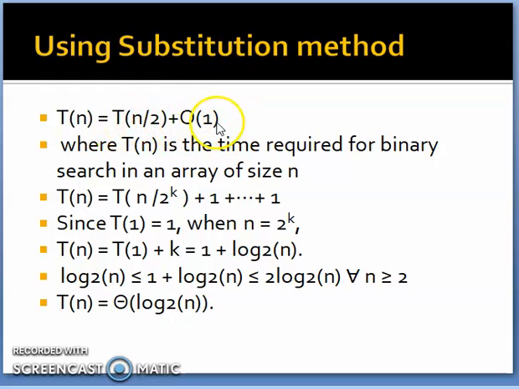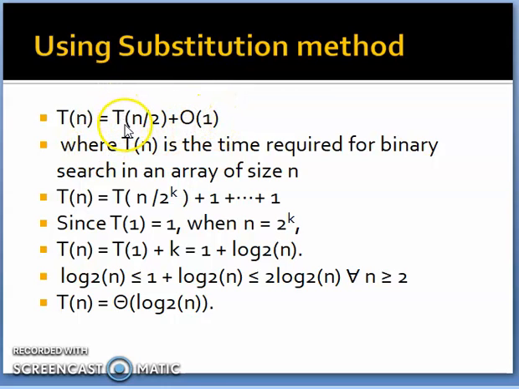Therefore the total effort in binary search is the effort in T of n by 2, that is the lower half or the upper half, plus the mid part where we are making the comparison.